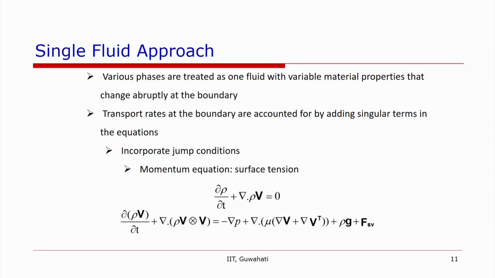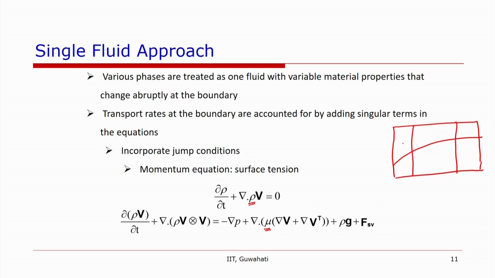Now, if you look at these equations, we have two properties. One is density and another is viscosity of the two fluids. So, one needs to identify when we have an interface and this interface is to be captured. At any point in space except at the interface, the fluid is either fluid 1 or fluid 2.